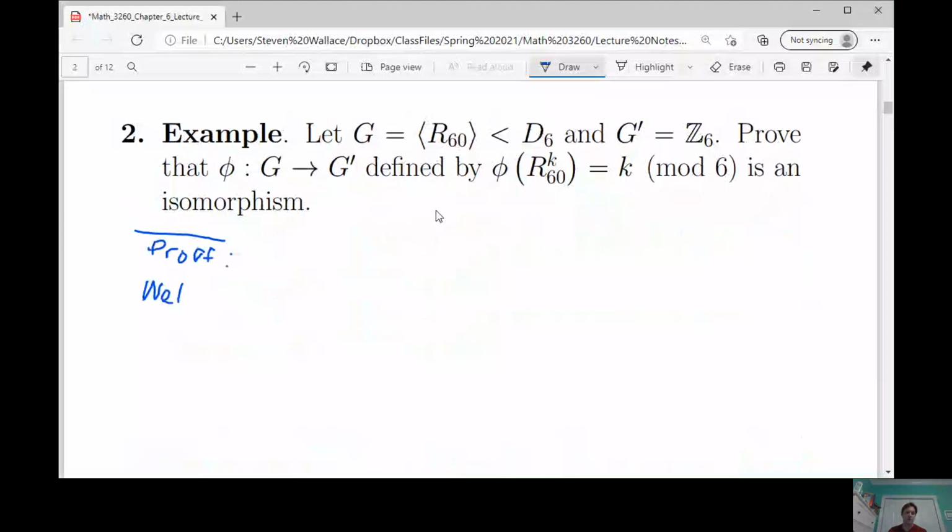So let's look at the well-definedness. Another way to say is it well-defined is, is it a function? In other words, does it pass the vertical line test in college algebra speak? So this is the definition.